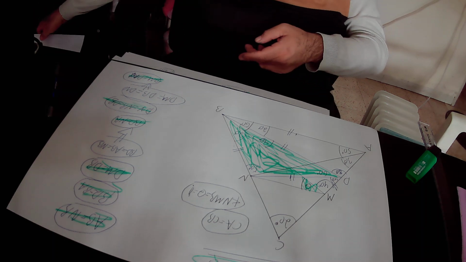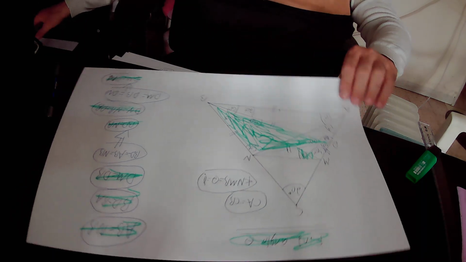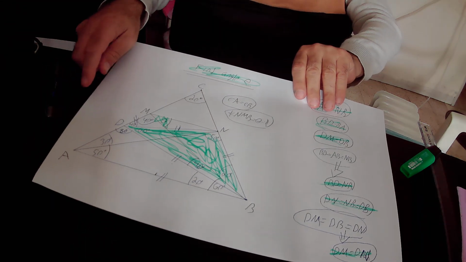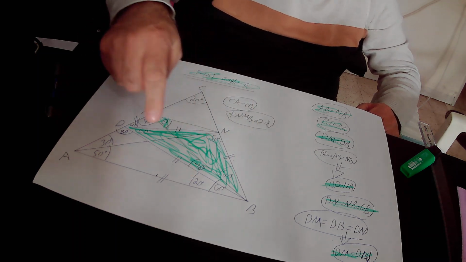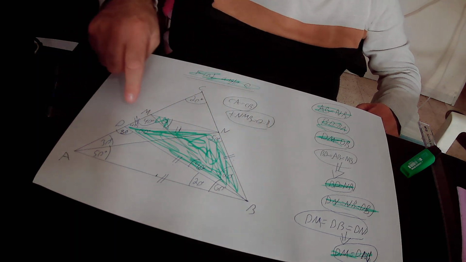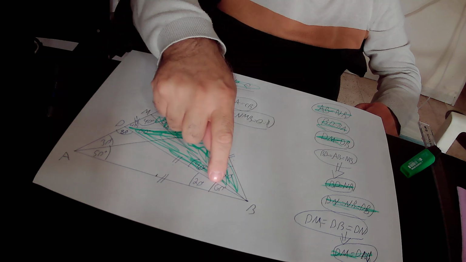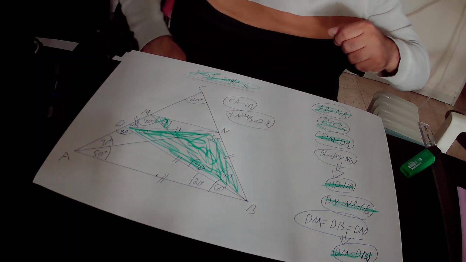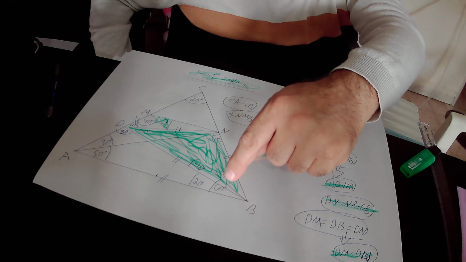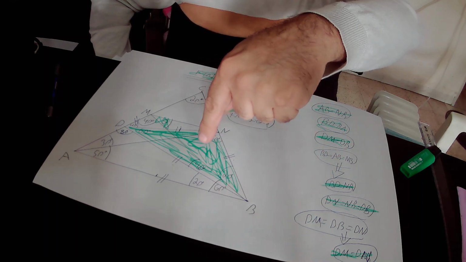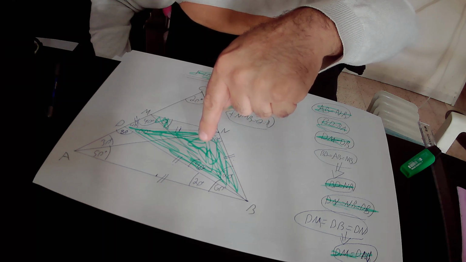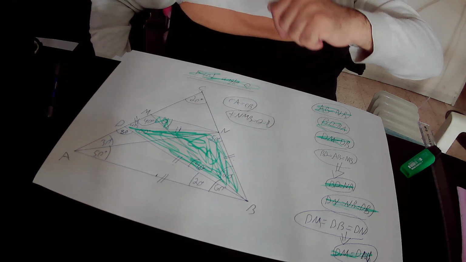Then we have here the small angle ABD equals 20 degrees in its size. The big angle ABM equals 60 degrees in its size. So the big angle ABM minus the small angle ABD must be equal to the missing angle MBD.